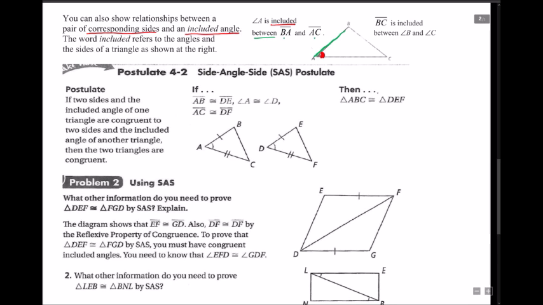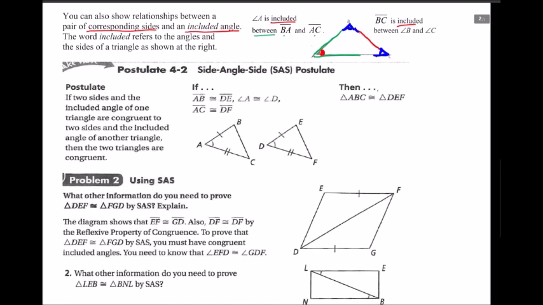Angle A is included between segment BA and segment AC. Now, something that we are going to use later on, you can also have an included segment. Segment BC is included between angle B and angle C. So angle B and angle C are on the outside. Segment BC is in between. Angle A is between, and our 2 segments are on the outside.